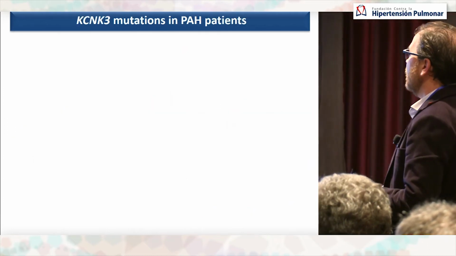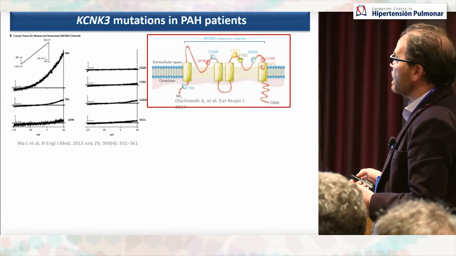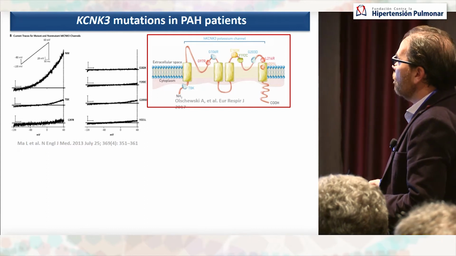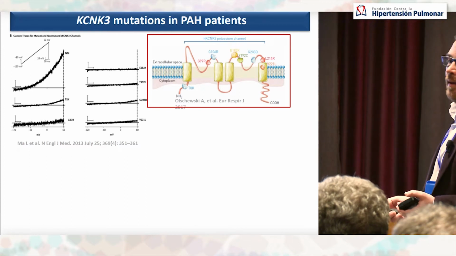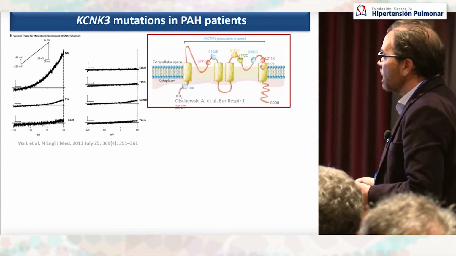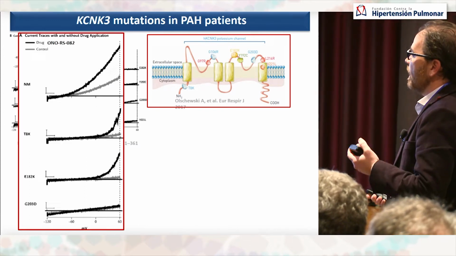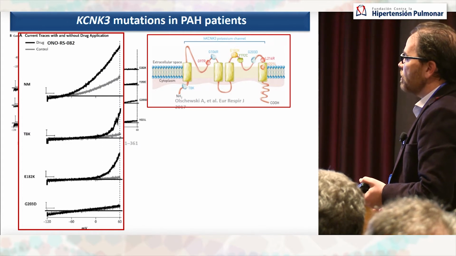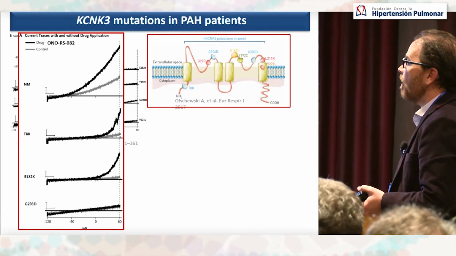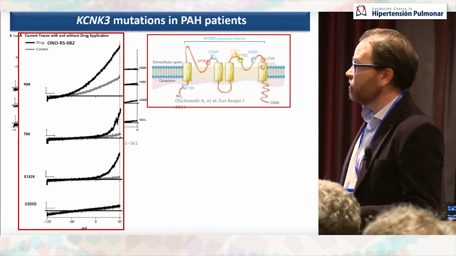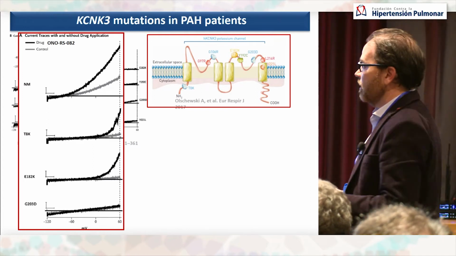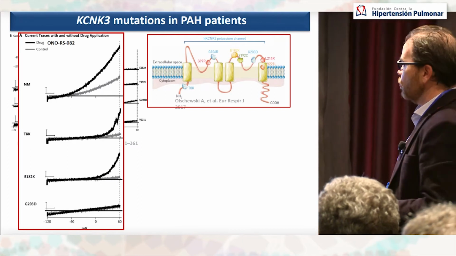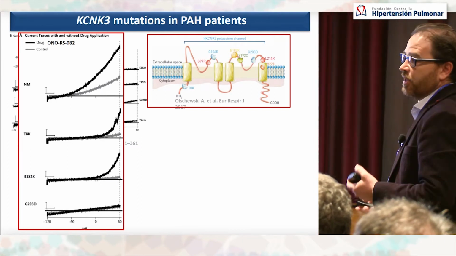And here I'm going to show you that channelopathy was associated with a marked reduction in the currents induced by this particular channel. Importantly, some of this impaired activity could be partly rescued by one drug, ONO-RS-082, which is a phospholipase A2 inhibitor, but in some others it couldn't.